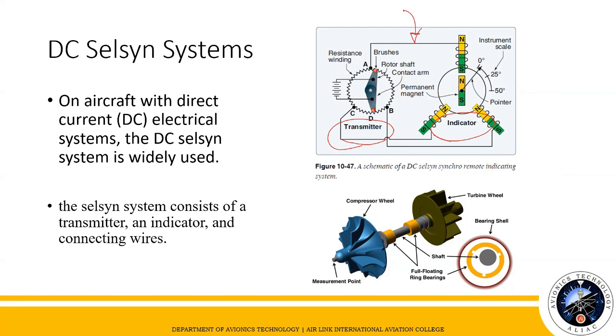So yan, si contact arm. Itong nakikita nyo is nagro-rotate yan. So the rotatable contact arm turns on the shaft in the center of the resistance winding. So yung two ends of the arm are brushes and always touch the winding on the opposite side. Yan, ito yung dulo. Yan, umiikot to.